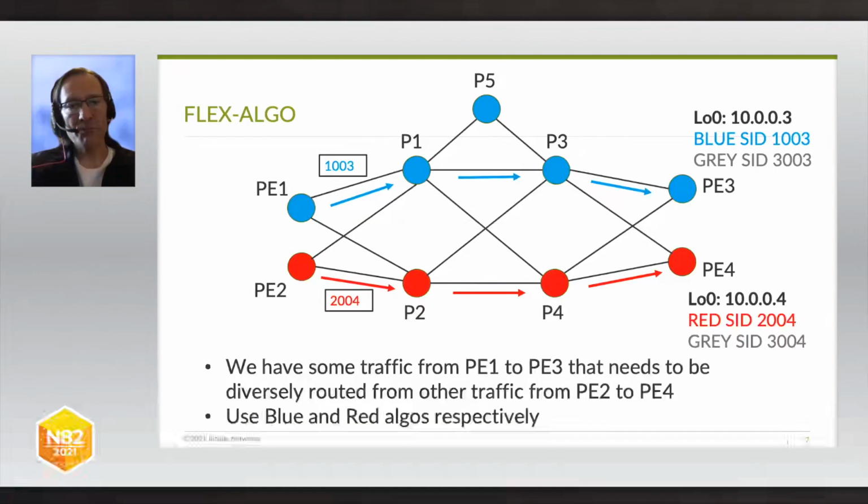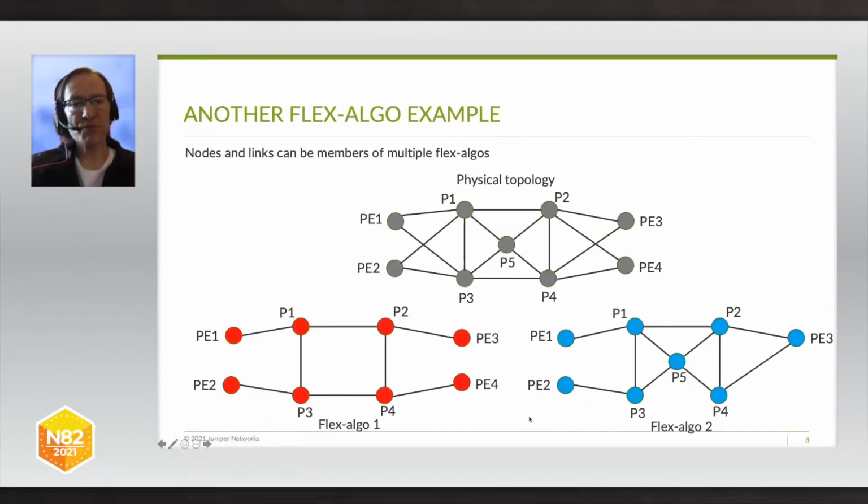Now, in this example, each node was a member of only one flex algo in addition to the default grey topology. But of course, in general, a node could be a member of multiple flex algos. So here's another example. You can see the physical topology shown in grey on the top half of the slide. If you look at the red flex algo on the bottom right, you can see that only a subset of nodes and links are members of it.